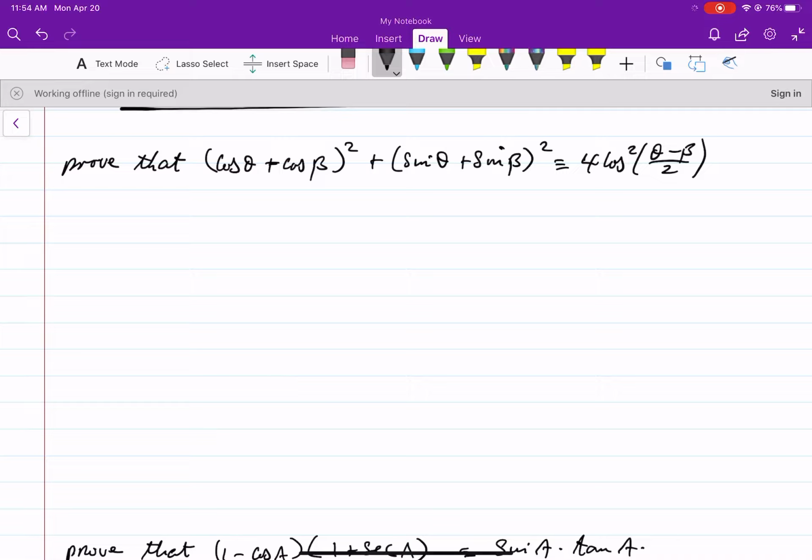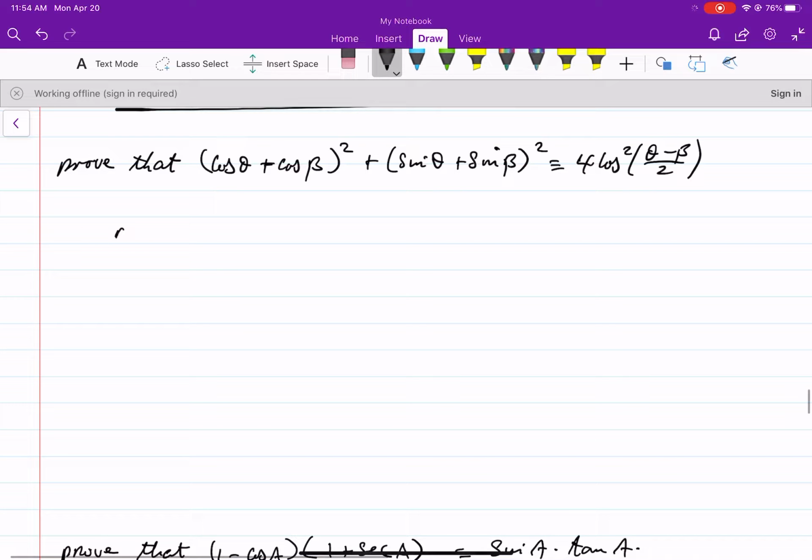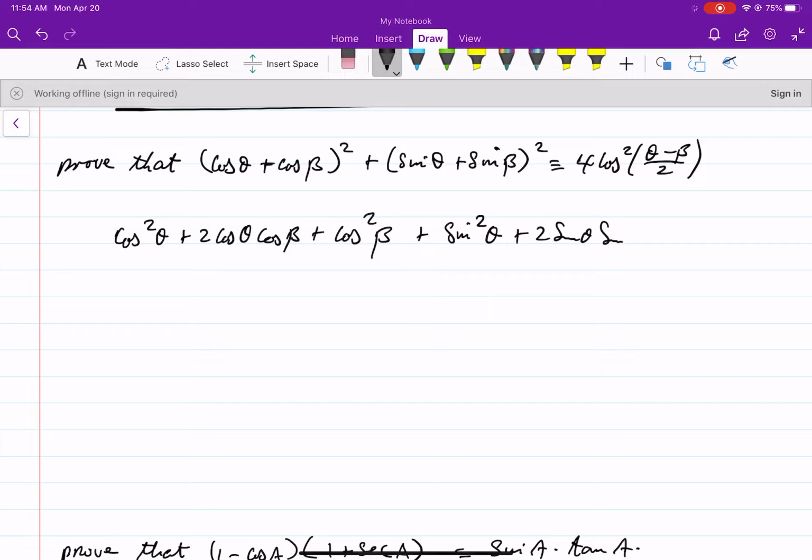We're going to take the left-hand side and start opening up the brackets. Cos theta plus cos beta, all squared, becomes cos squared theta plus 2 cos theta cos beta plus cos squared beta. Open up the next bracket, we'll get sine squared theta plus 2 sine theta sine beta plus sine squared beta.